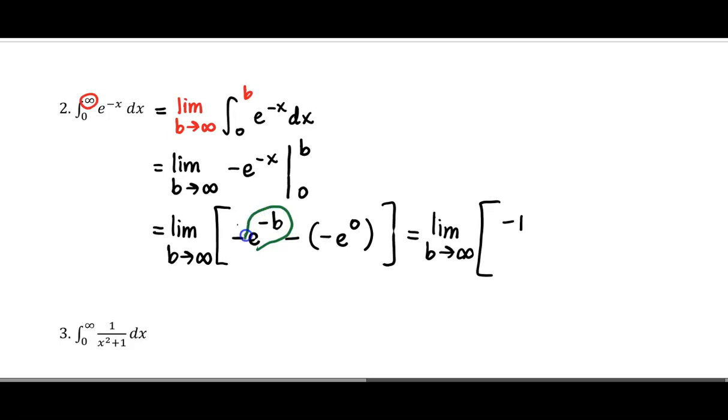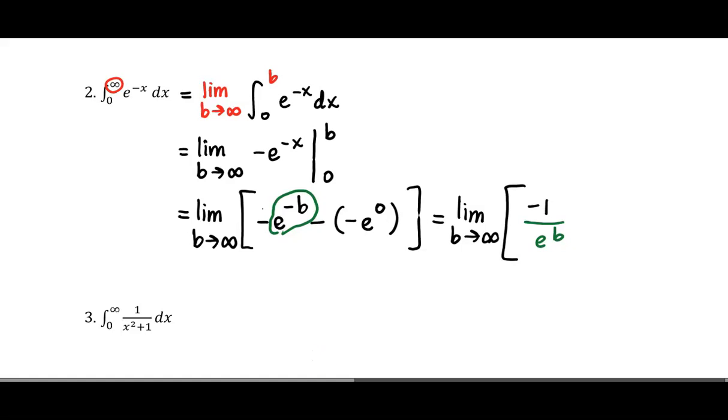The fact that we have e to the negative b is going to send the e to the b to the denominator with a positive exponent of b now. So I just rewrote that negative exponent in the denominator. The minus sign in front is the -1 you see in the numerator. And then here we have a plus sign because we have two minuses combining right there to give us a plus. And anything to the 0 power is equal to 1.